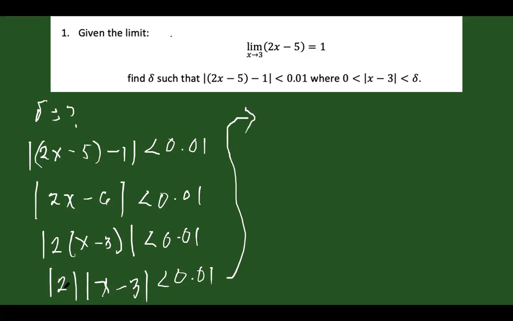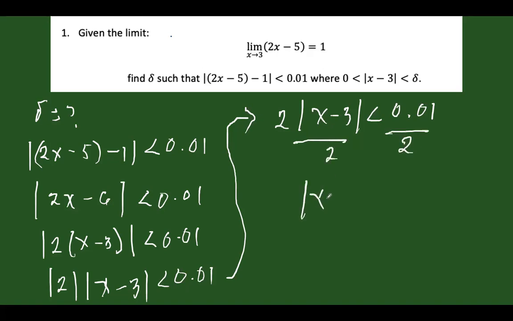The absolute value of 2 is just equal to 2. So that's 2 times the absolute value of x minus 3 is less than 0.01. Again, our main goal is just the absolute value of x minus 3, so we can divide both sides by 2.